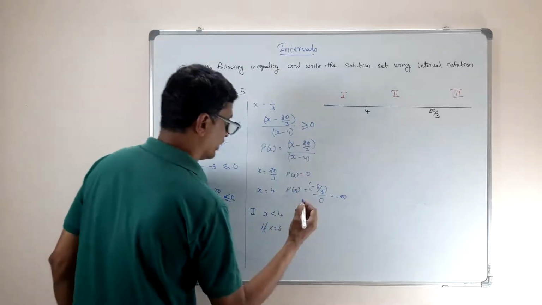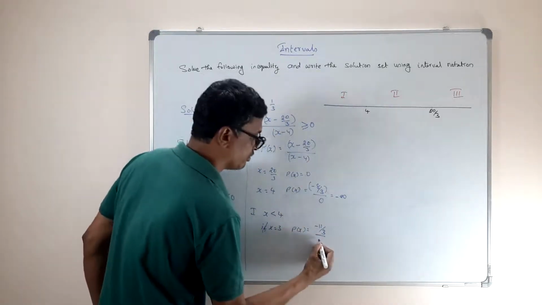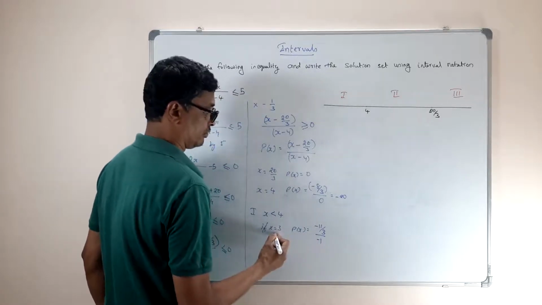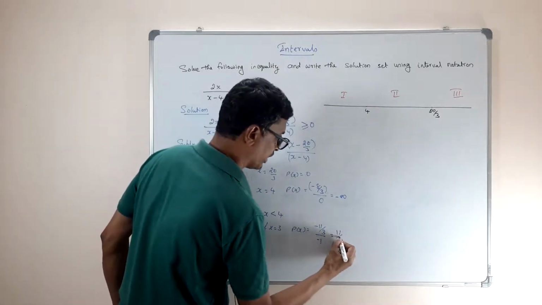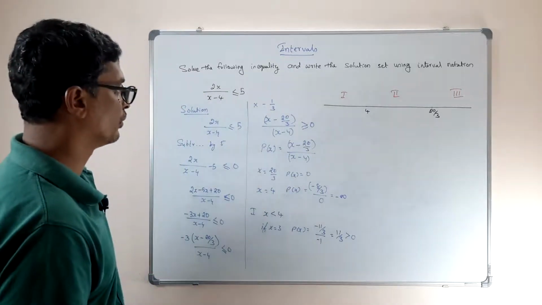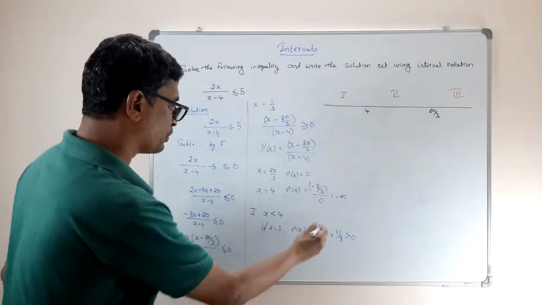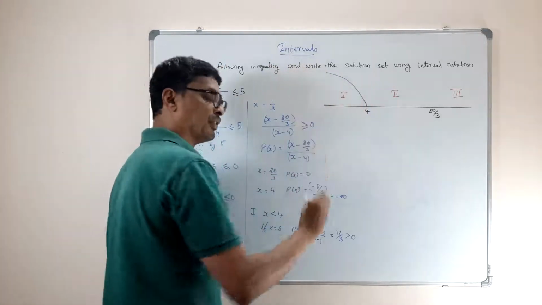Minus 11 by 3 divided by 3 minus 1. So it is equal to minus 11 by 3 divided by 2, which is greater than 0. Okay, so we satisfy the condition. So that is positive. That means this region goes something like this, positive.